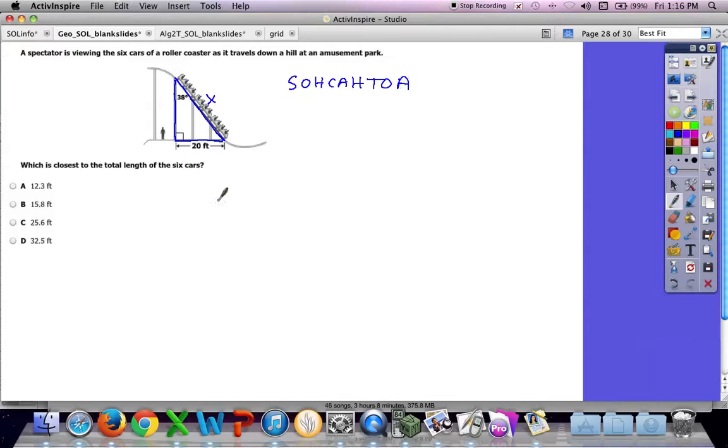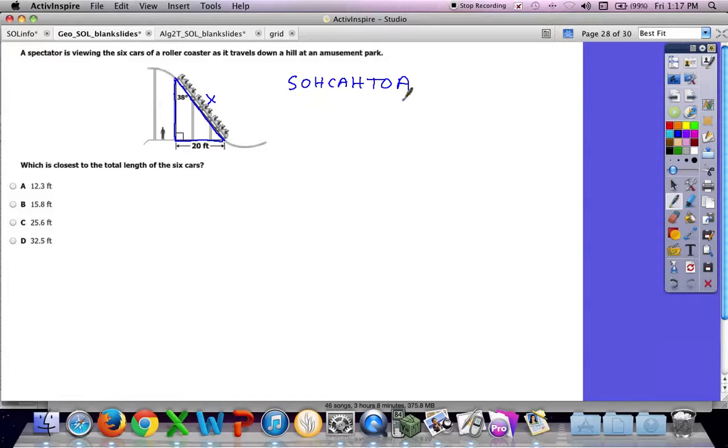And if you have a hard time remembering that, you can use some kind of mnemonic device like "some old horse caught a horse taking oats away," or that's one I've heard. Another is "some old horse came a hoppin' through our alley." So whichever helps you remember that. I think some people just remember it by the pronunciation, SOHCAHTOA.